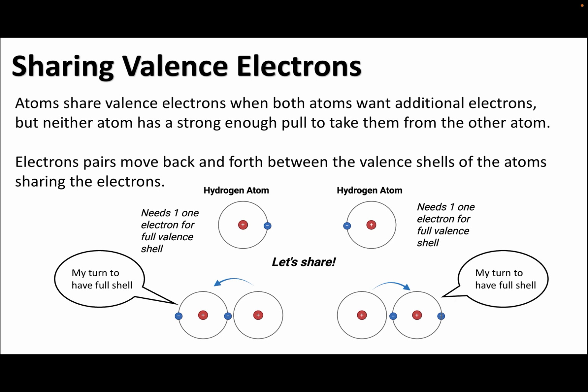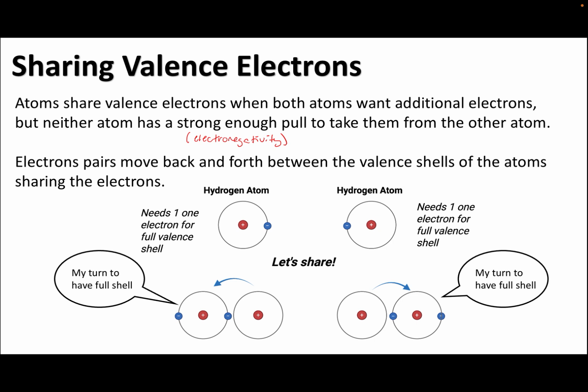But we kind of reach this issue where neither one of the atoms has a high enough electronegativity, aka neither one of them has a strong enough pull to take the electron away from the other atom. And so what ends up happening is that these atoms are going to share electrons to kind of satisfy both parties. And kind of what that sharing looks like is the valence electrons will bounce back and forth from one atom to the next.